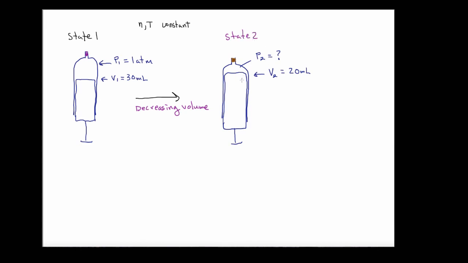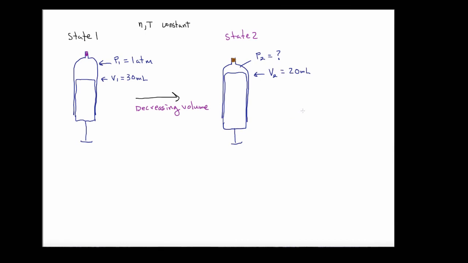All right, and in the video you could actually see that when I let go of the plunger, the plunger was forced back out, and it moved backwards until the pressure inside the syringe equaled the pressure outside the syringe, and then the syringe stopped moving.